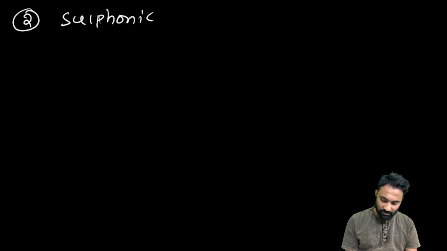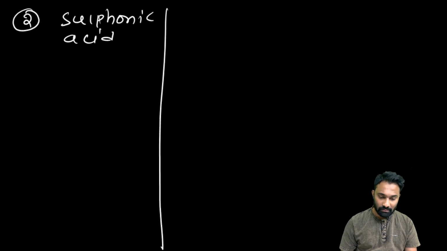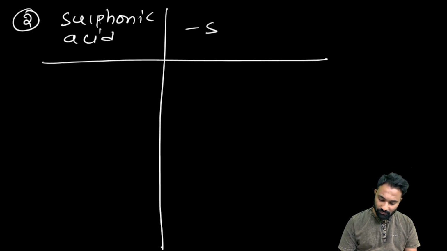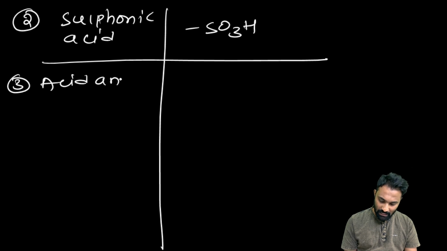Now another one. Second we have the sulfonic acid, which is SO3H. The third one is the acidic anhydride. How will the acidic anhydride be?